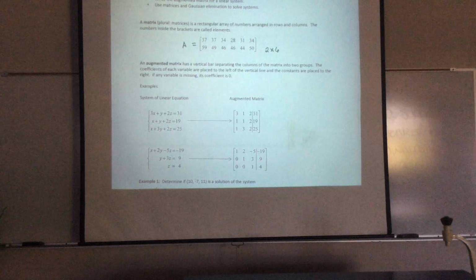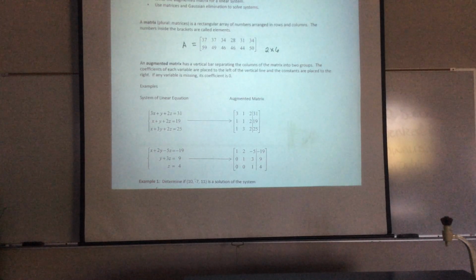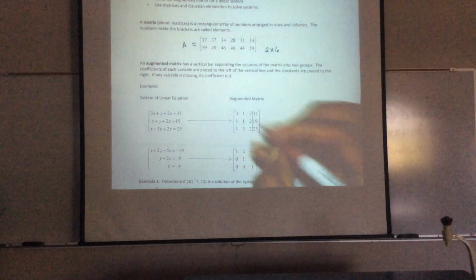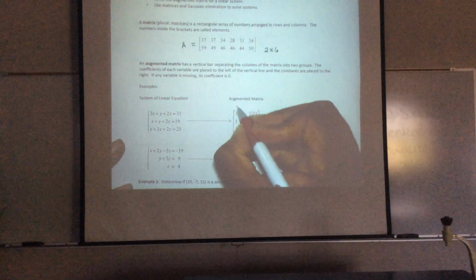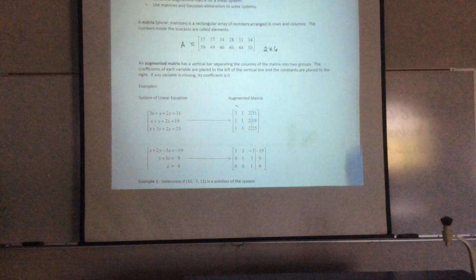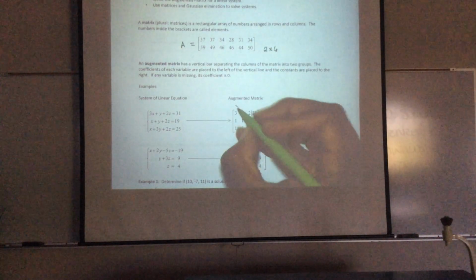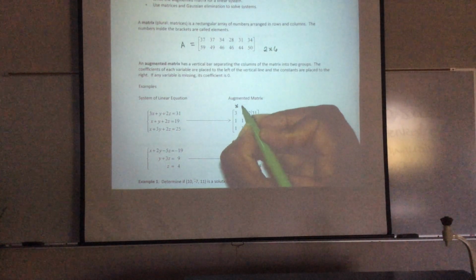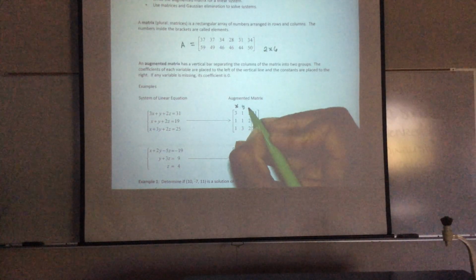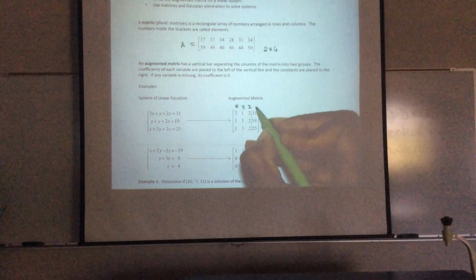We can write that as an augmented matrix. So here, that first column represents all the coefficients of x. The second column represents the coefficients of y. The third column is the coefficient of z.